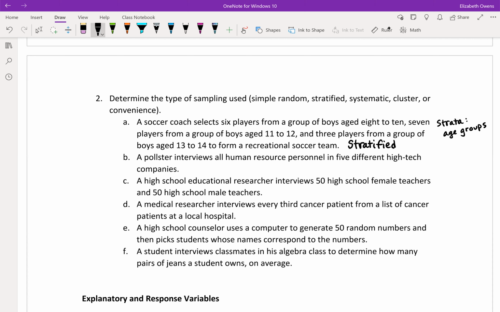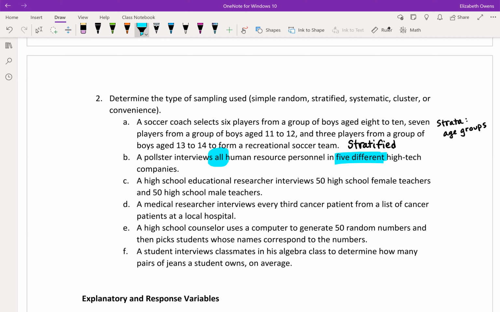And let's see. Well, this is not simple random. It's not systematic because we're not skipping a certain number here. So we've got either stratified or cluster, it looks like. And then to break that down, notice that the person is interviewing all the personnel from 5 different companies.